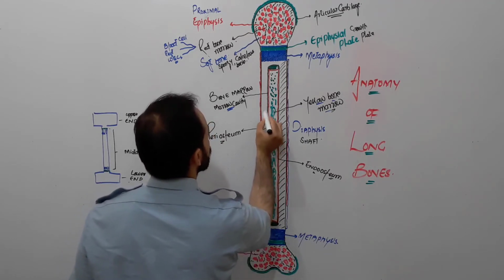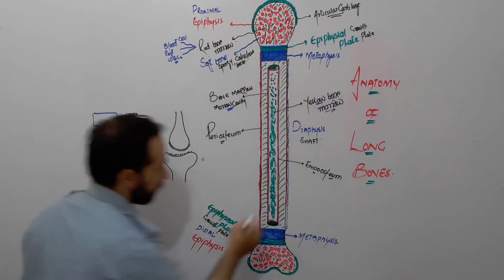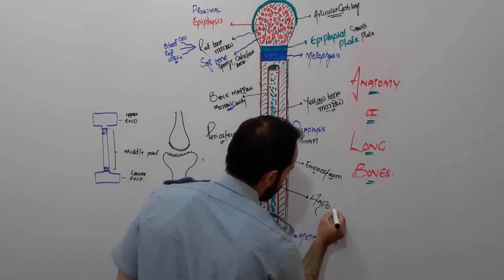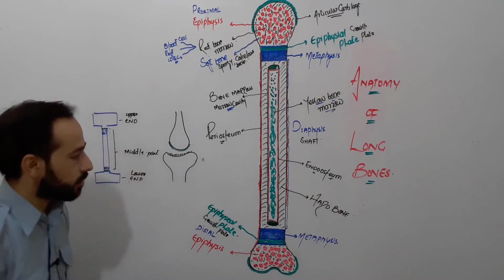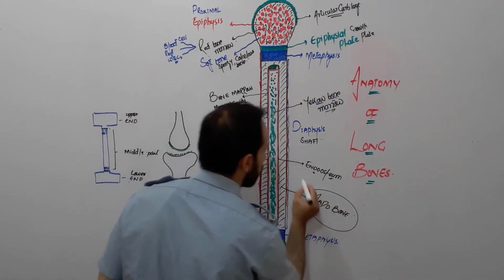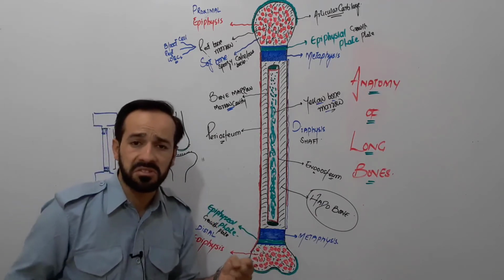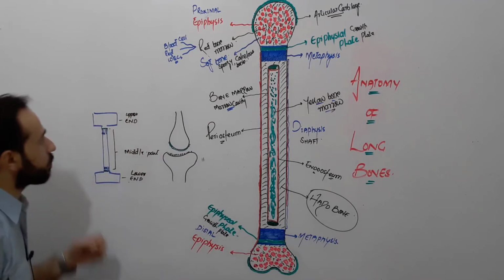This is not the soft bone, this is hard bone, right? So let me name it here. This is your hard bone, right? So your hard bone is mostly present in the diaphysis of the bone, because this is the part which bears all the weight of your body and everything.